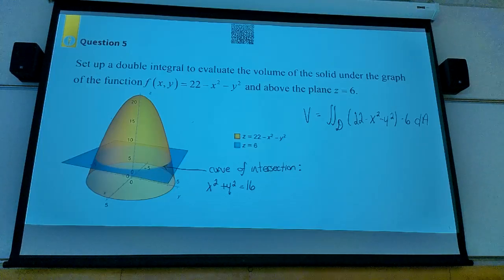Where would y go from? Remember, we're describing that circular region, because that is the domain of integration.